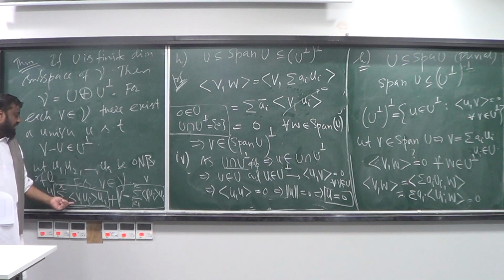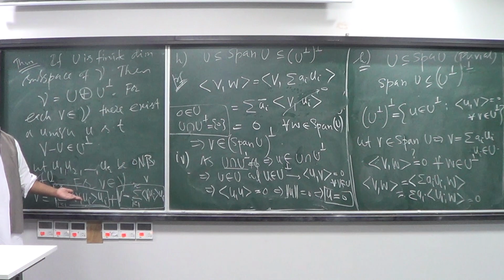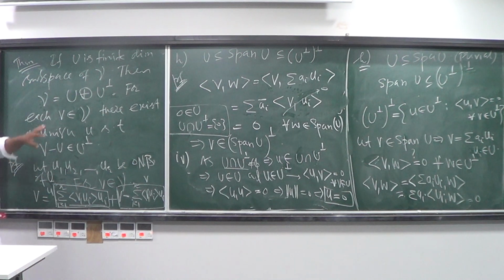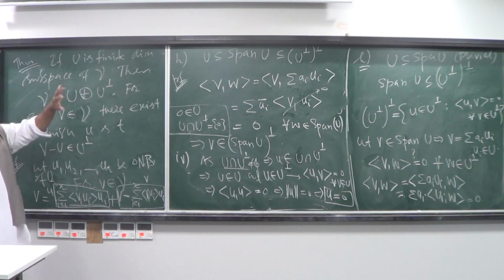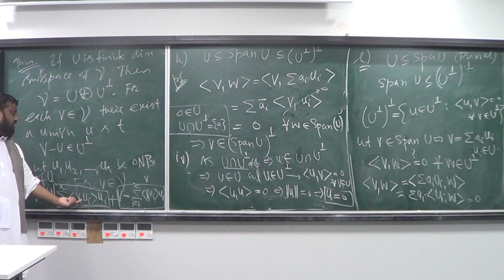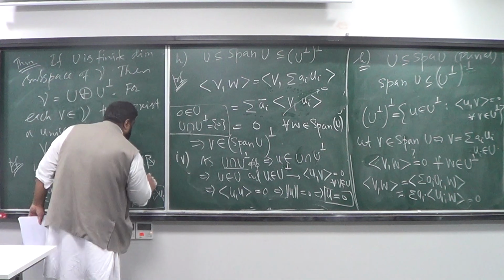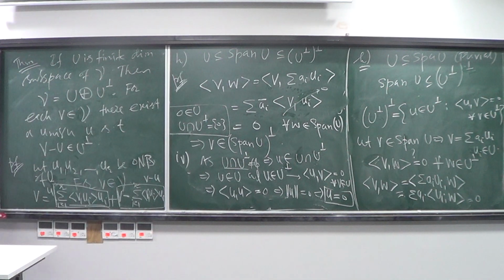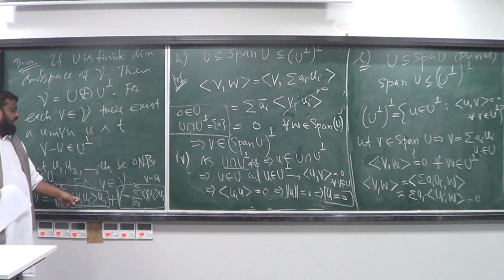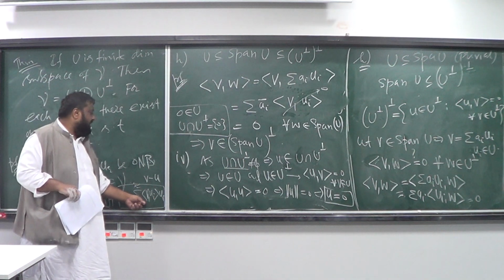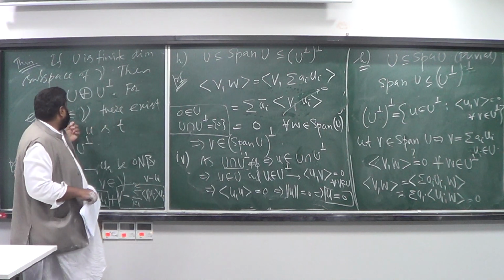Because this is one of the elements in the span of U. You can pick elements from U and compute their linear combination, and that linear combination would also be in U, so that's an element of U. While this element is really V minus U. So what we did, I picked an element from V and wrote it as an element from U, and I'm claiming that this other element is an element in U perp actually. It's an element in U perp.